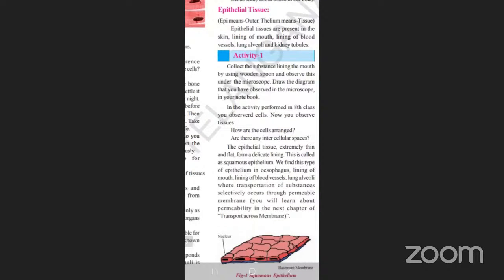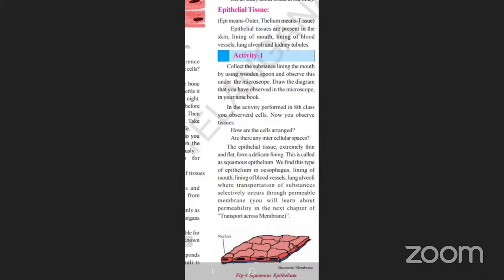The esophagus is like a tubule, after the pharynx. From the mouth, one tubule will start, no? So in that esophagus tubule, we can expect this.